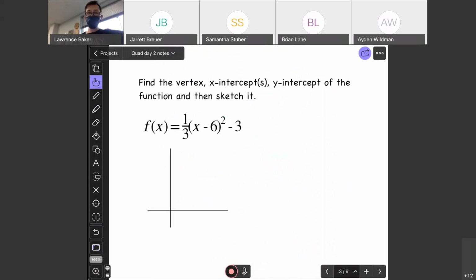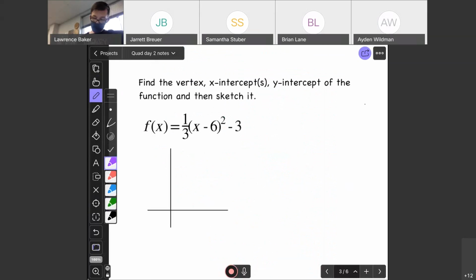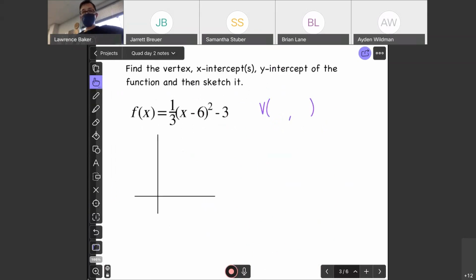Try that again. Kenzie, where's our vertex? Jake, where's our vertex?